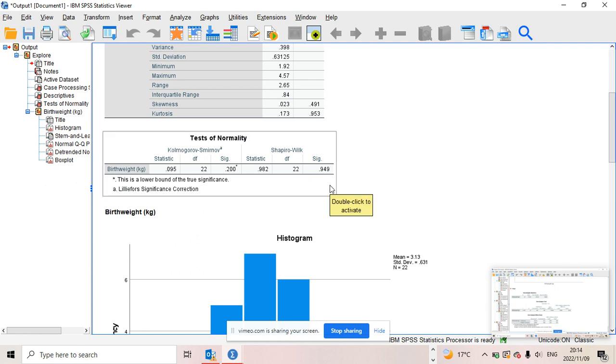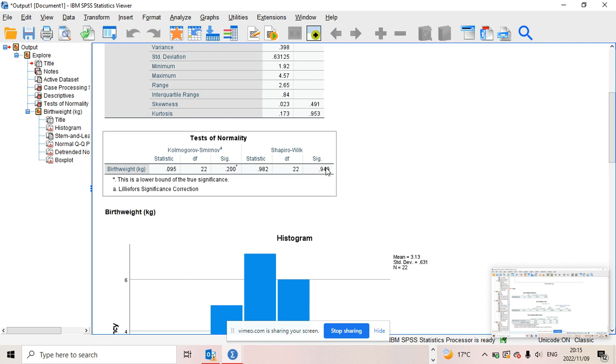So now let's try to interpret the data. The level of significance here is 0.949, which is very high. Remember, our level of confidence was 95%, so the p-value threshold is 0.05.